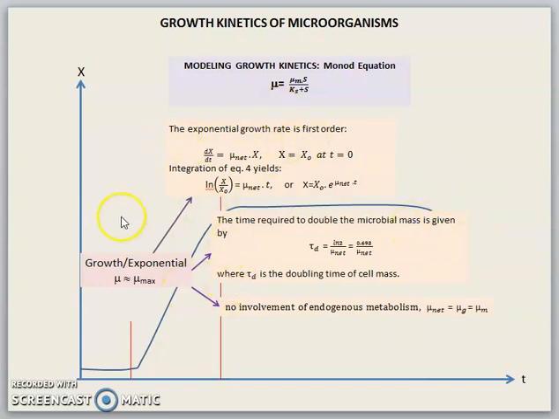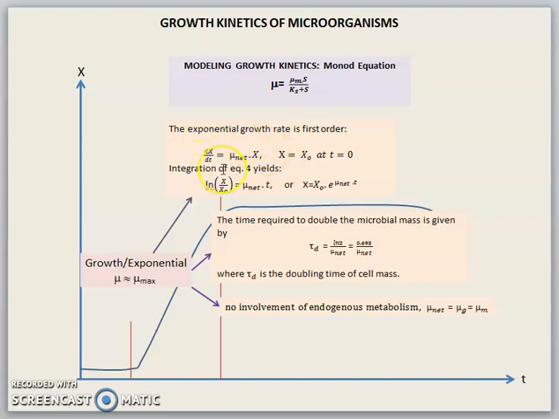So let's take a look at the growth phase. The growth phase is also known as the exponential phase, where it is a first order rate of reaction. It is represented by the equation dx over dt equals mu net times x, or also mu equals 1 over x dx/dt.